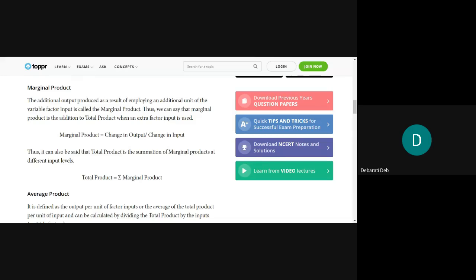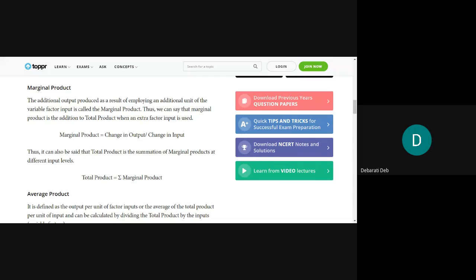What is it? Suppose you are producing n number of products and you are using s number of inputs. So when you are adding one input extra, suppose you are adding one input and it is now s plus 1. S plus 1 number of inputs you are employing, and as a result of it, additional output has been produced. Say it is n plus 2. It can be 2 also.